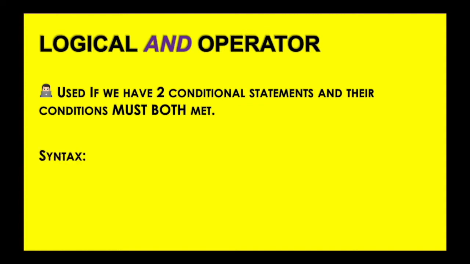Okay, so for the syntax, here we have the first condition, condition 1, and we use the AND logical operator and condition 2. Okay, so for further analysis and of course additional insights, I have here an illustration. If condition 1 is true and condition 2 is true, then the output will be true.